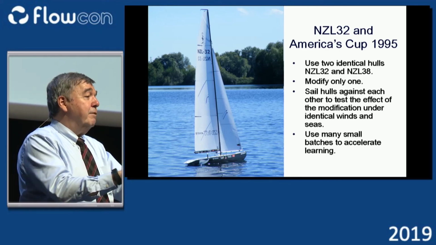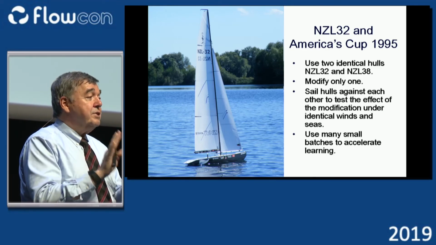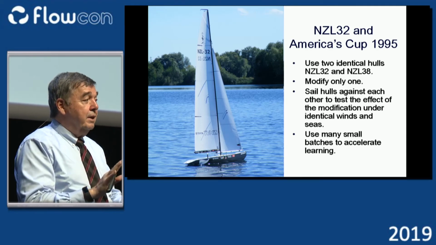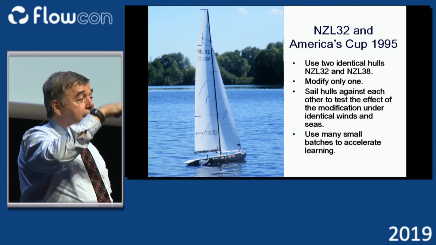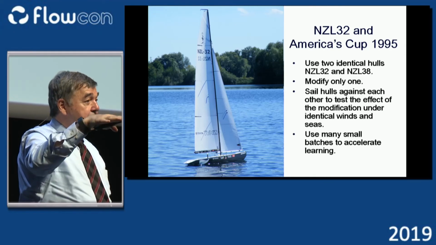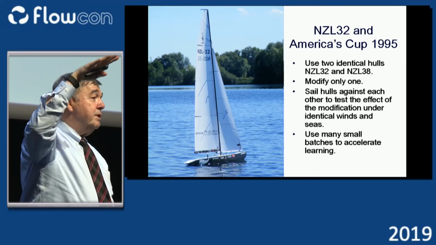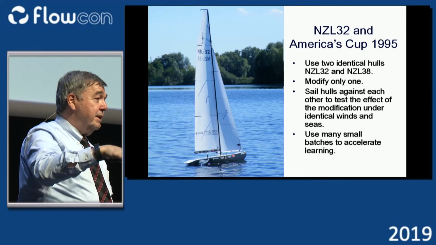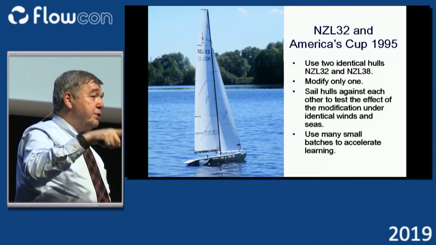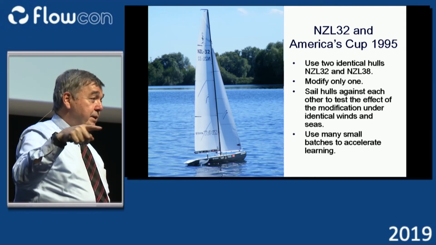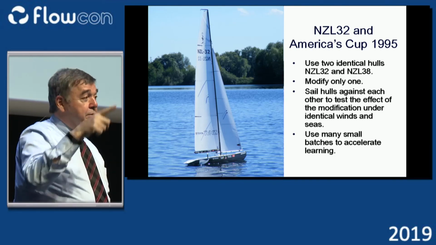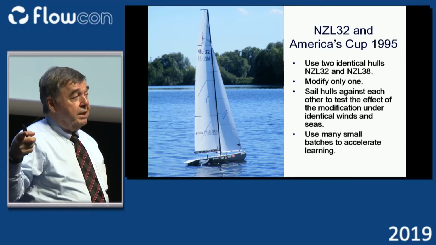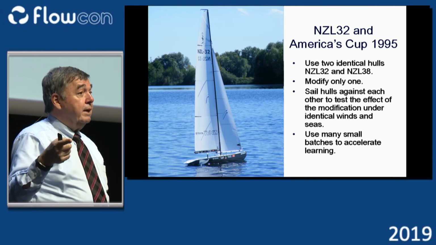Now that would guarantee that the wind and sea conditions were identical. So that eliminated a major source of noise in the testing process. Because they drove down the noise in the testing process, they could make much smaller changes in their keel design and things. They went through many more iterations on their design than the American team did.